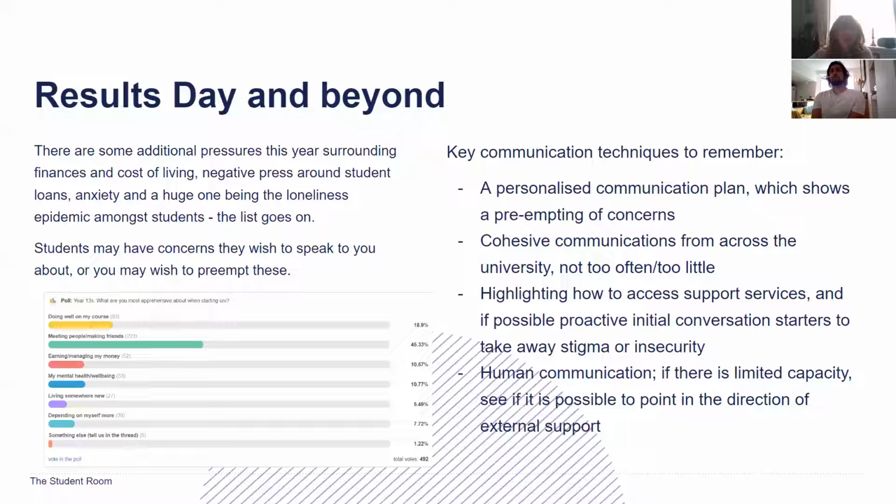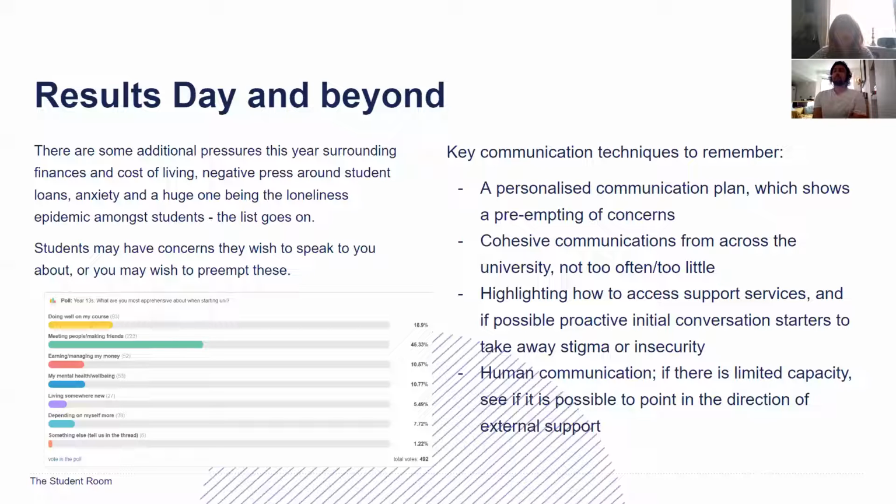The most popular option by far was making friends at university, and that was the green one there. You can see nearly over 45% of students saying that making friends is always a big concern. But also mental health and well-being, finances, and doing well on their course were key topics around how students were feeling and worrying about going to university this year.